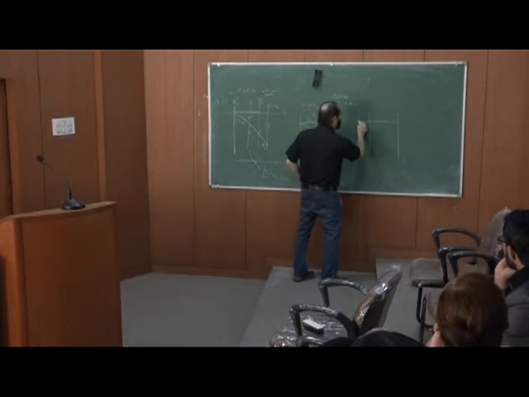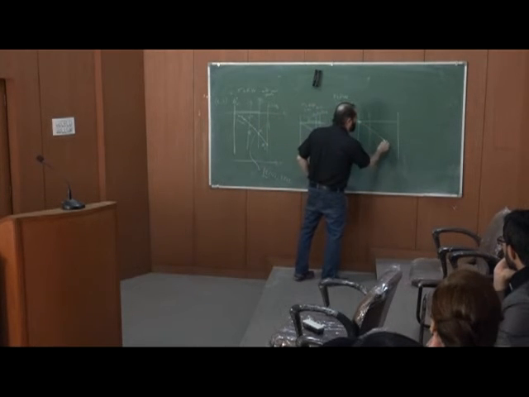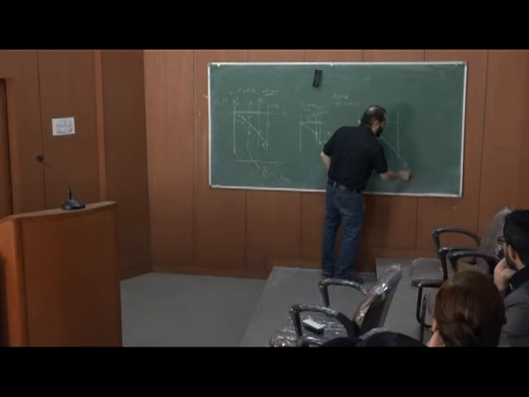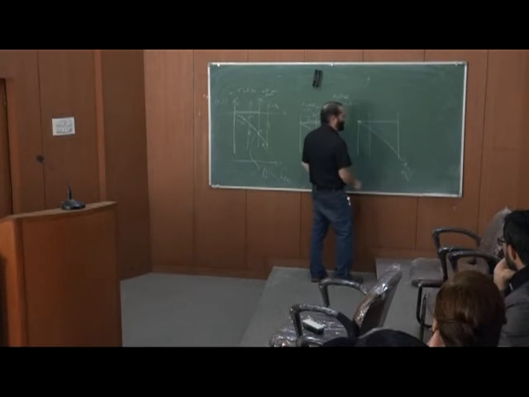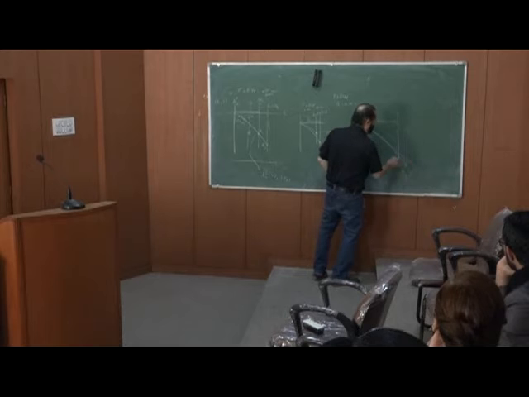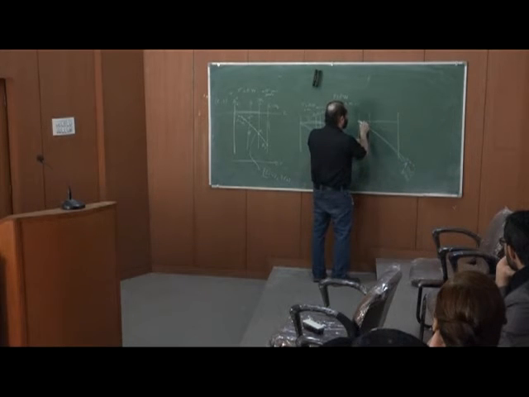Let's say this is a null geodesic for a model with lambda equals 0, k equals 0, right? Okay. Now we take another model. This is k negative, okay. And then we take another one.